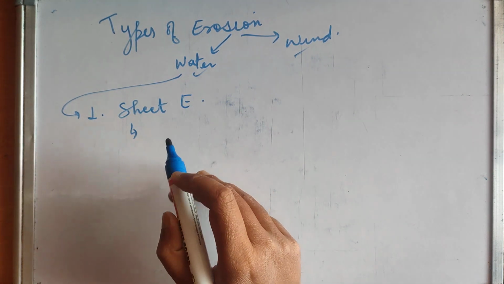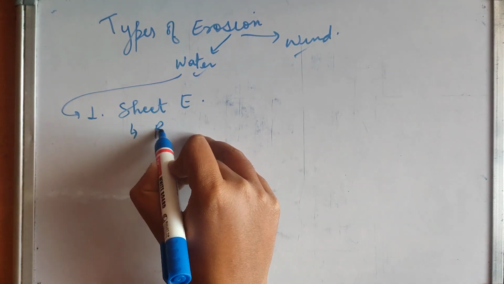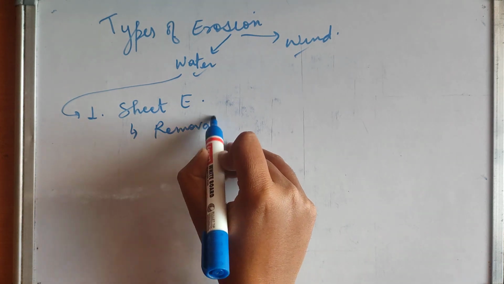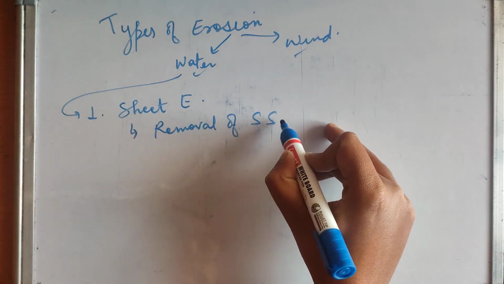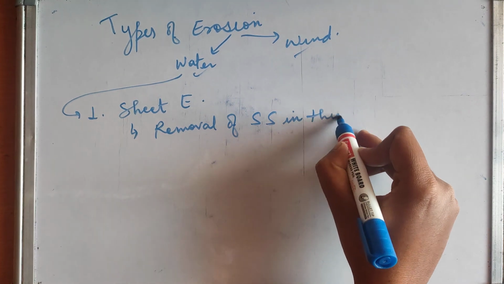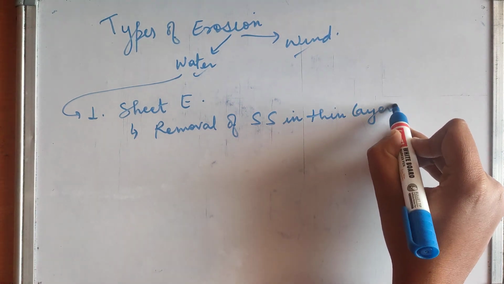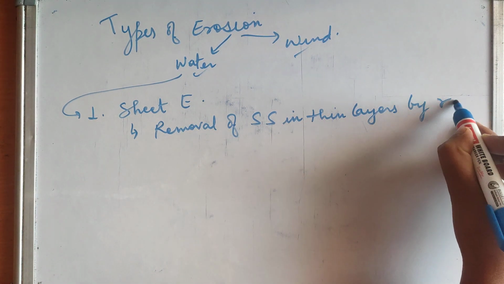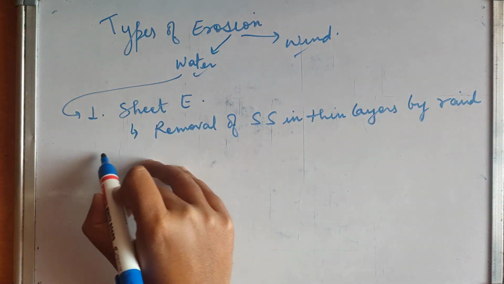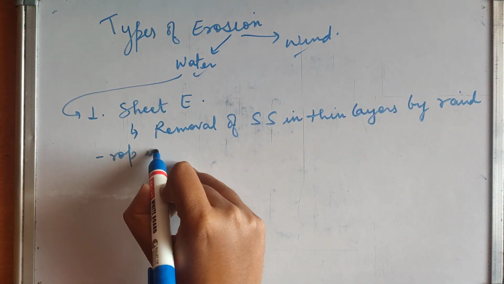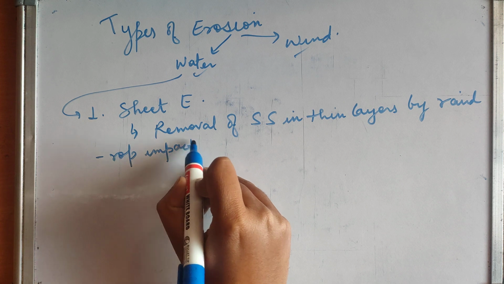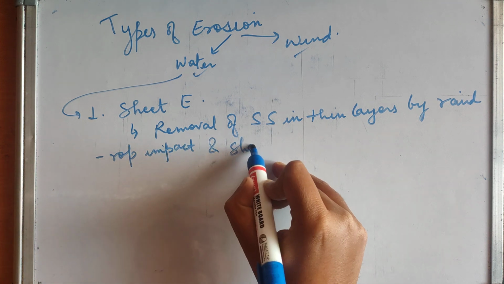In sheet erosion there is removal of the soil surface in thin layers by raindrop impact and shallow surface flow.